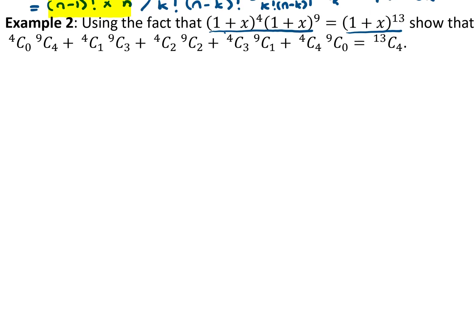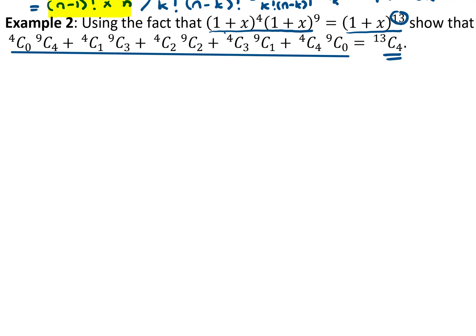Then we look at the second part, what we're asked to show. It has this really simple 13C4, which matches with the 13, and then all of this complicated stuff: 4C0, 9C4, 4C1 times 9C3.